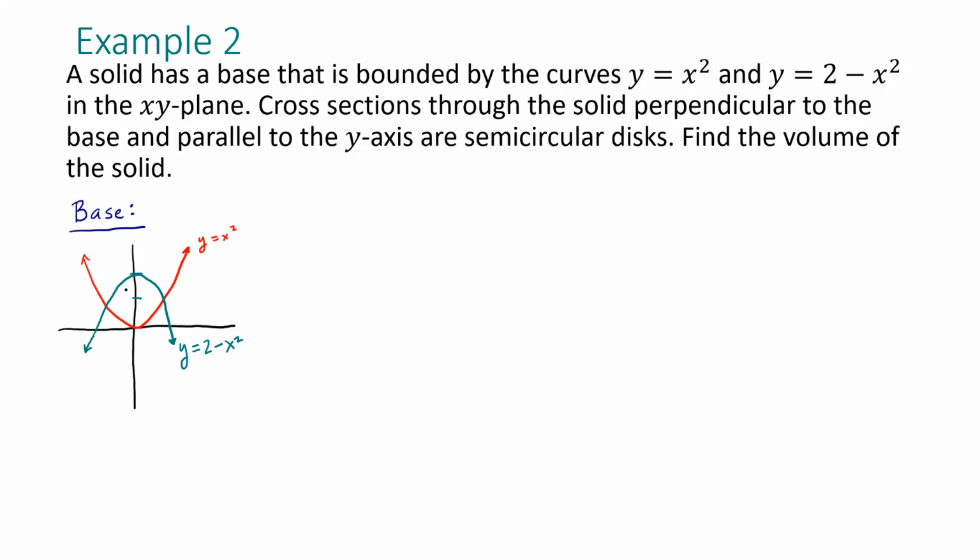And we can sort of see that our base here is in between these two curves. Take a moment to see that the curves will intersect at these points here. You can solve it by setting them equal to each other.